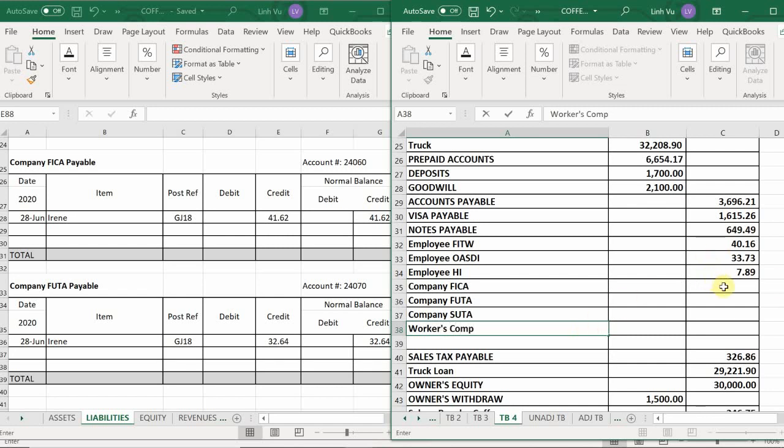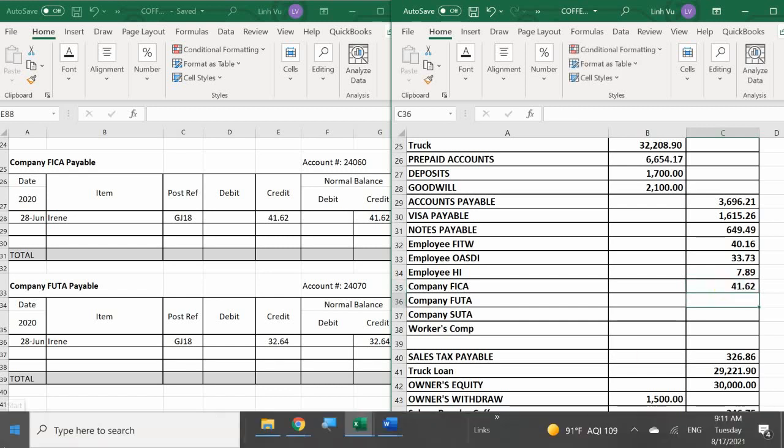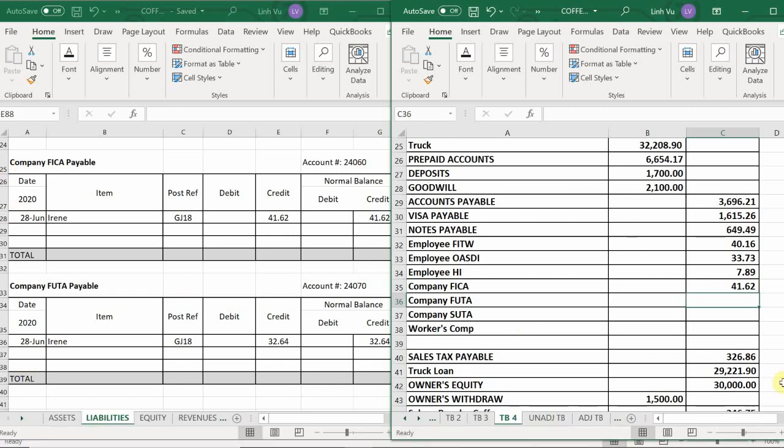So let's go down the line. Our company FICA is 41.62. Company FUTA, $32.64.